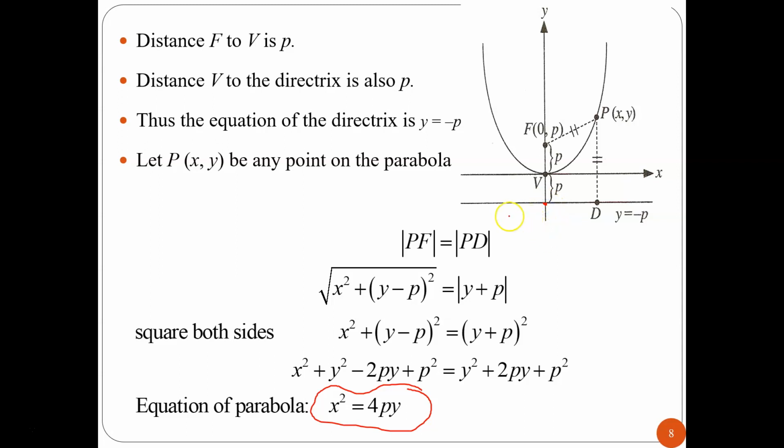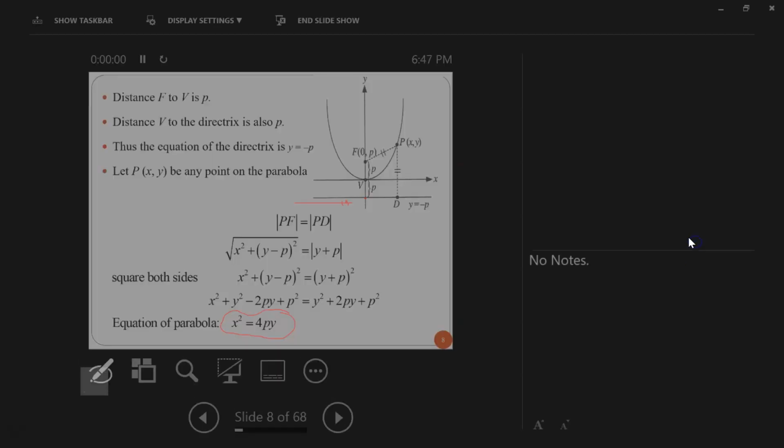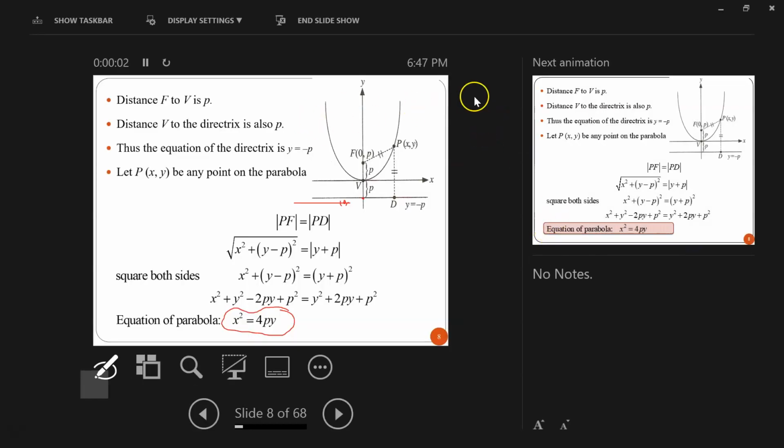Ini still you have like 0, negative p, right?